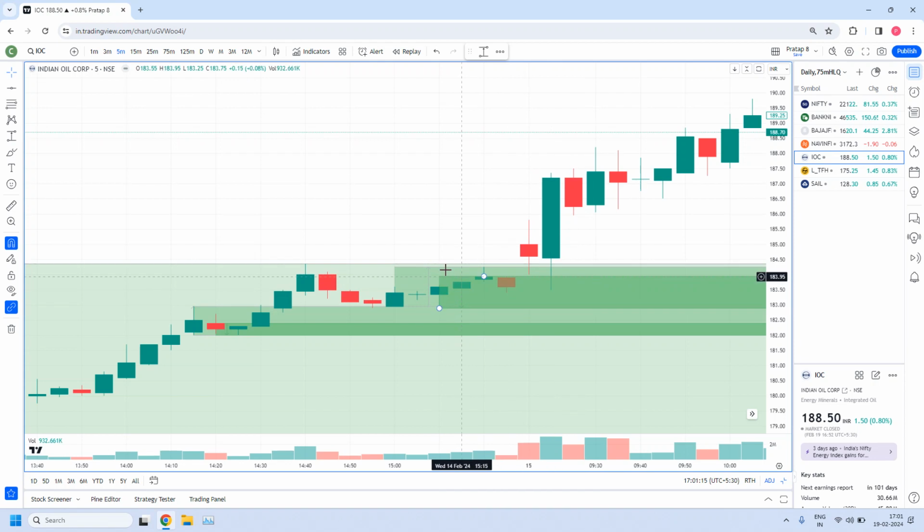Because of all these reasons, this is a tested zone. So that's why I didn't plan anything. First of all, I am not comfortable with the candle structure itself here. All these candles are base candles. Even if you compromise and consider this as a leg candle, still this zone is tested.